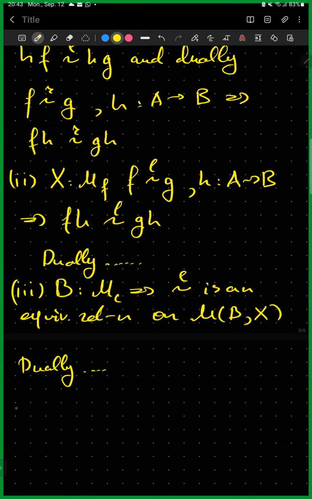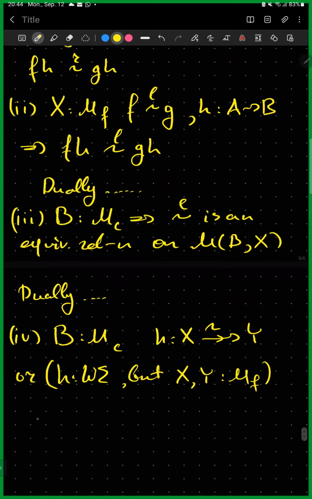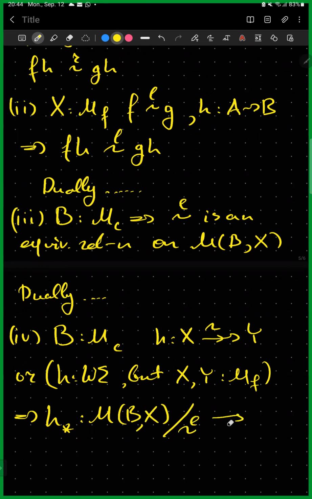The next part of this proposition states that under the assumption that B is cofibrant, if H is either a trivial fibration or a weak equivalence, and X and Y are both fibrant, it implies that the induced map on quotients of hom sets under the equivalence relation is a bijection.